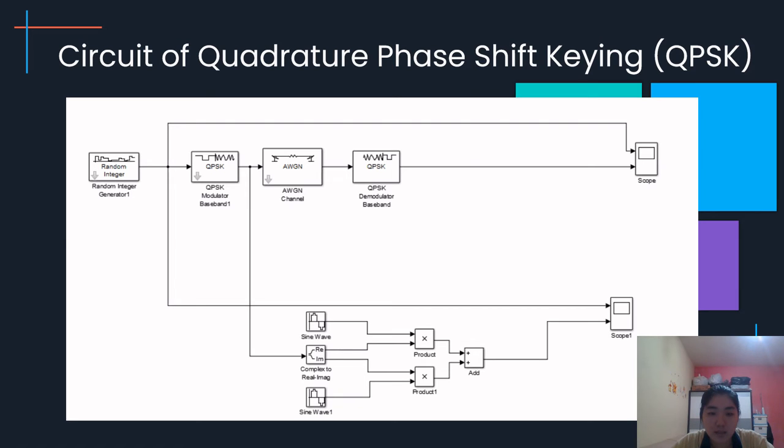From here, the input given is 2 sine waves, and this is complex to real imaginary. One sine wave and complex to real imaginary will be multiplied, and another sine wave will also be multiplied with the complex to real imaginary. After we get the product, we add it up and we get the output in the scope.